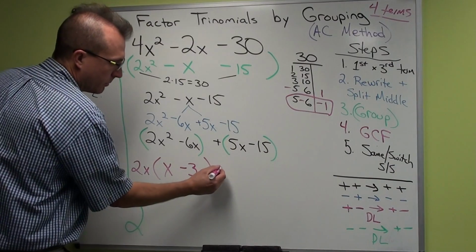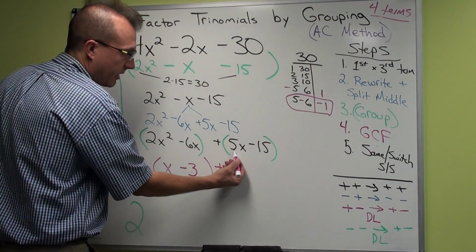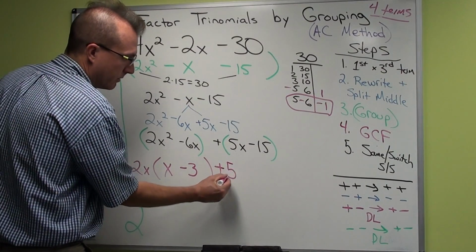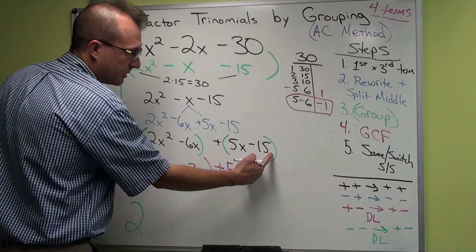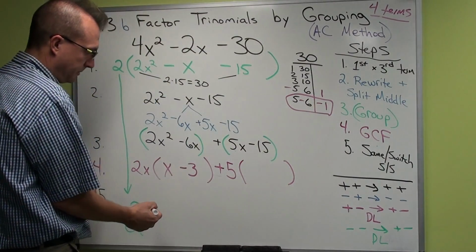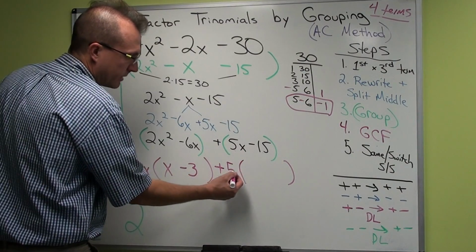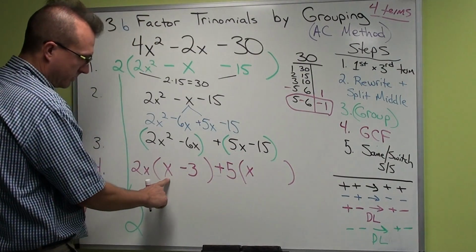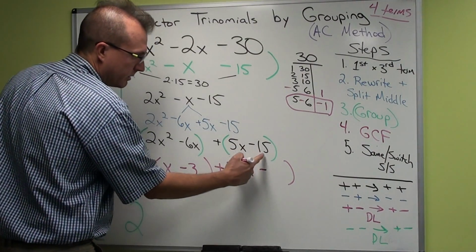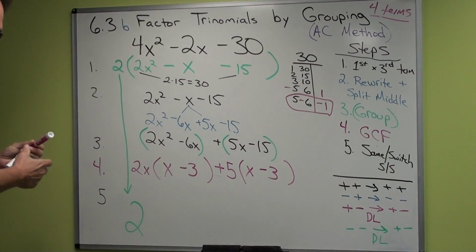Over here we put our plus sign in. We're going to take out a 5 because 5 can go into 15, and there's not an x here, so we can't do anything with that. Put our parentheses back in. Now 5x divided by 5 leaves me with x. Minus 15 divided by 5 is 3. Okay, we did that. Cool.